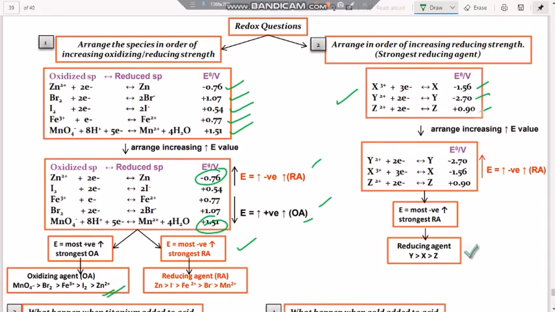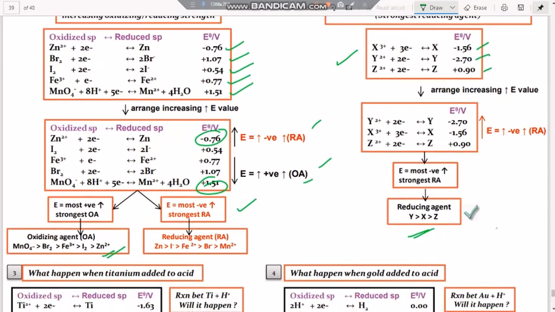Z2 plus is plus 0.70. If you arrange in increasing order, first Y2 plus will come, next X3 plus, next Z2 plus. So when the E naught value increases, reducing agent strength decreases. That's why Y greater than X greater than Z is the order of increasing reducing strength of these electrodes.